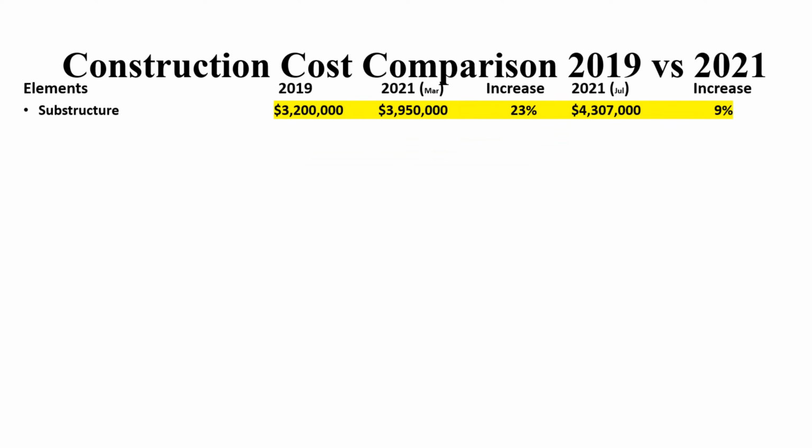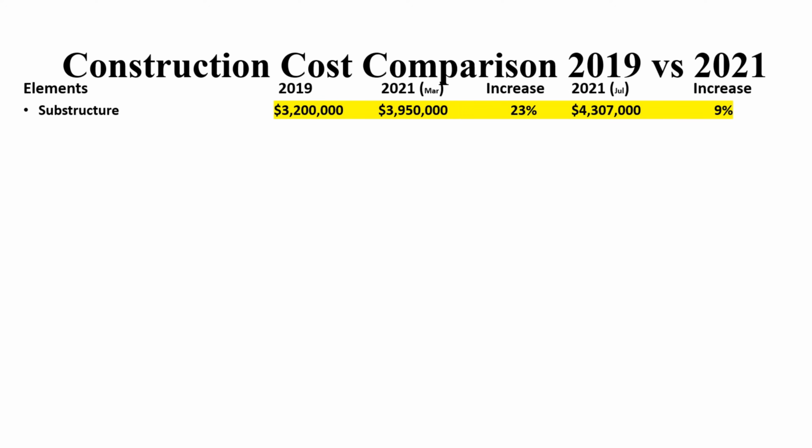So back in March we had done a comparison between 2019 and then March 2021. So what we are doing now is looking at how the current material cost has affected construction over the past couple of months. So first, look at the substructure.